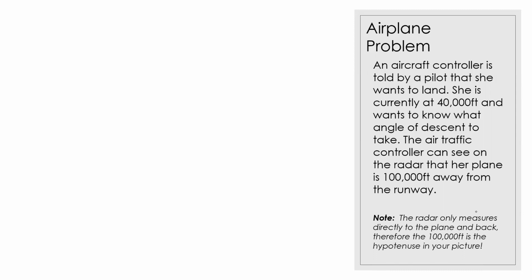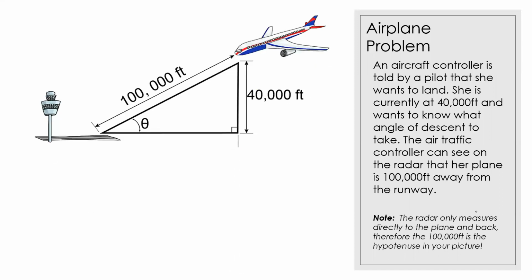So pause and start thinking about the picture and which trigonometric function you need to apply. Does your picture look something like that? We are looking for this angle right here.